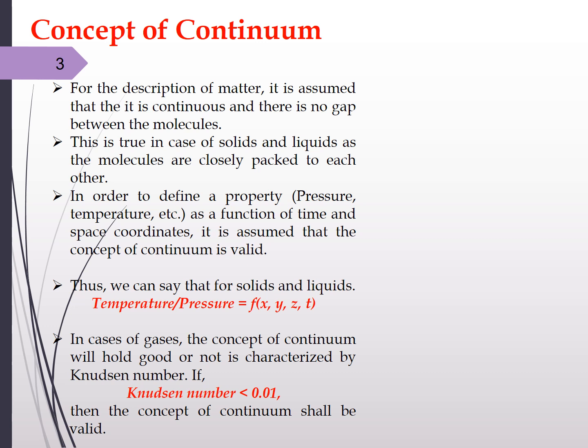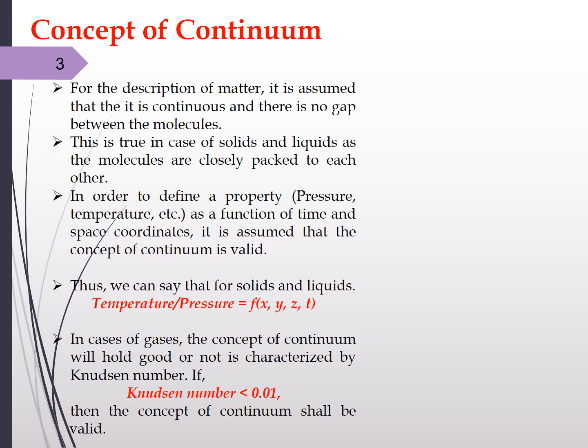The reason is that when you increase the temperature of the gas, the gap between the molecules will increase and the gases will try to expand. So we will not be in a position to tell whether the concept of continuum will be valid in case of gases or not. So we calculate a number called a constant number. If the constant number is less than 0.01, then we can say that the concept of continuum will be valid in that case.